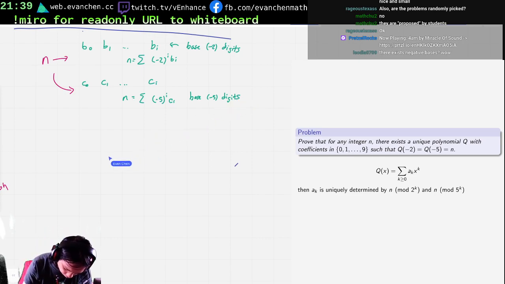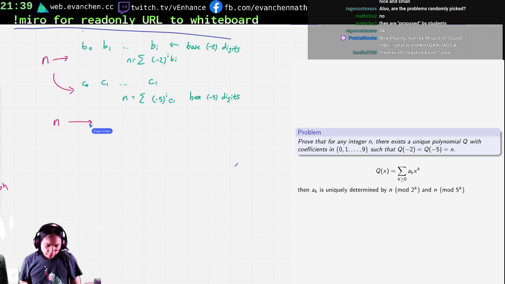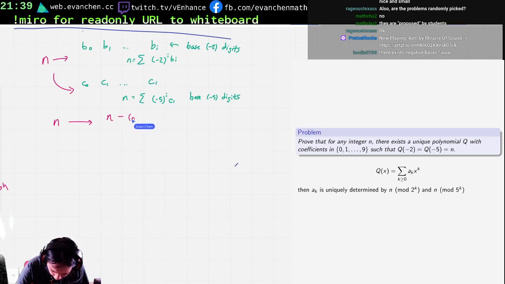On the other hand, what's going on here is that n gets replaced with... You can think of this as a process, where n is replaced by n minus n mod 10, over -10. Is that true? Is that what happens?